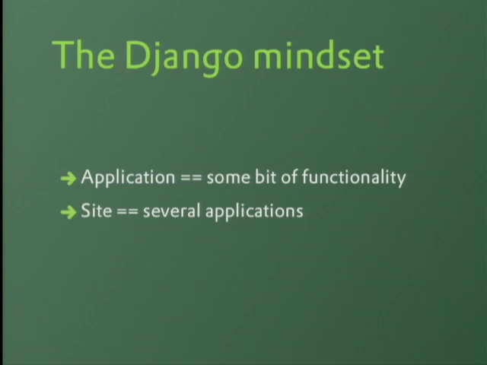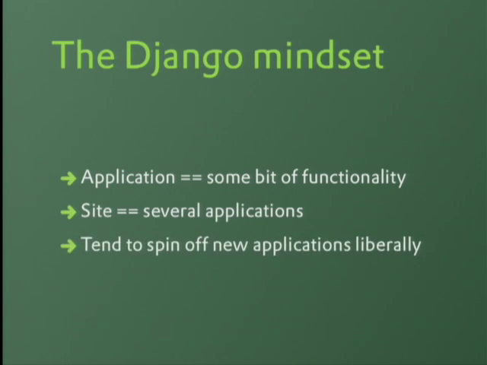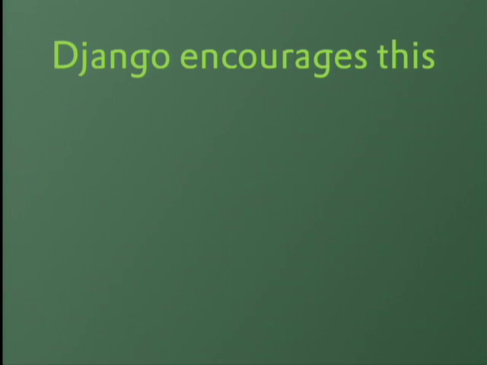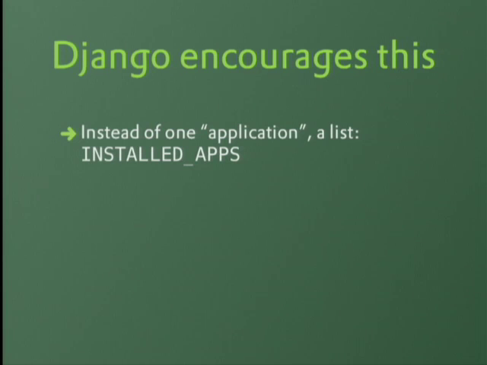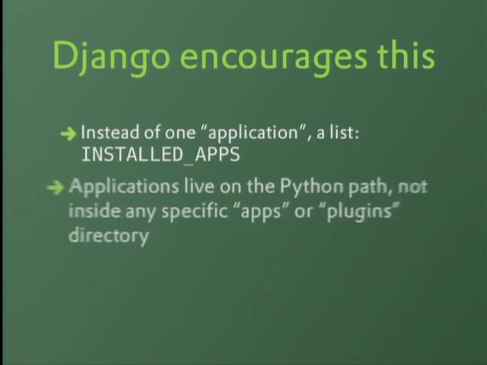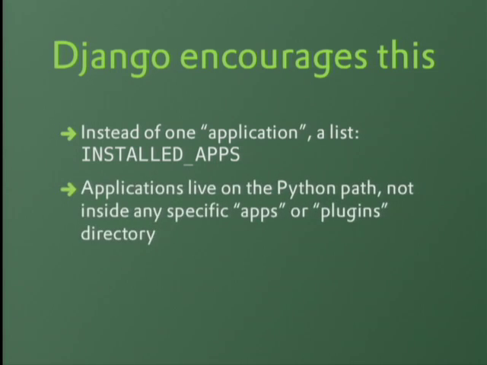And so what you end up doing is spinning off lots of new applications. Instead of one application in Django, you end up with an installed apps list. Instead of what you run into in some frameworks, where you have a specific directory where you put your applications or your plugins, Django applications live directly on the Python path.